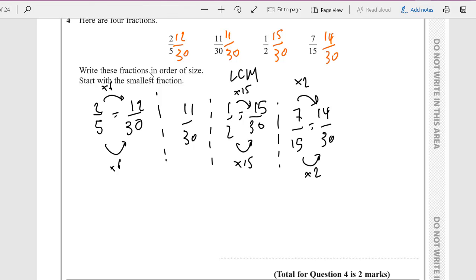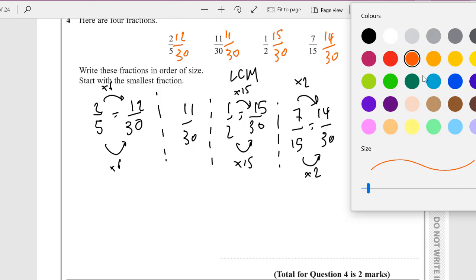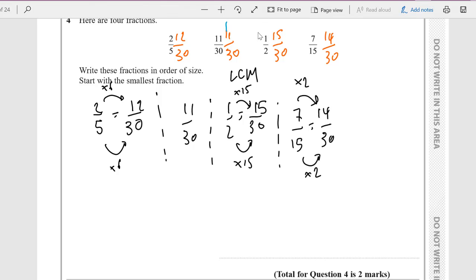So which one is smallest? Start from the smallest. So look at the numerators. This one is going to be the first one, and then we're going to have this as a second, and then our third, and our fourth and final.